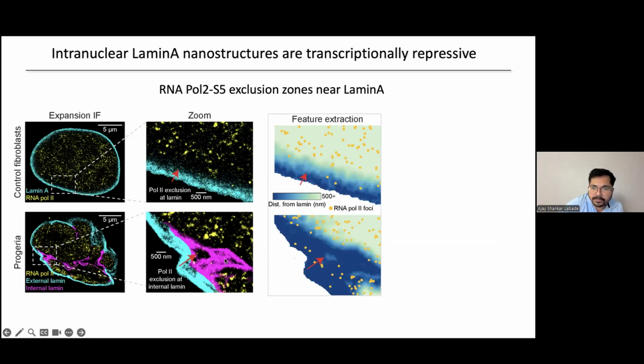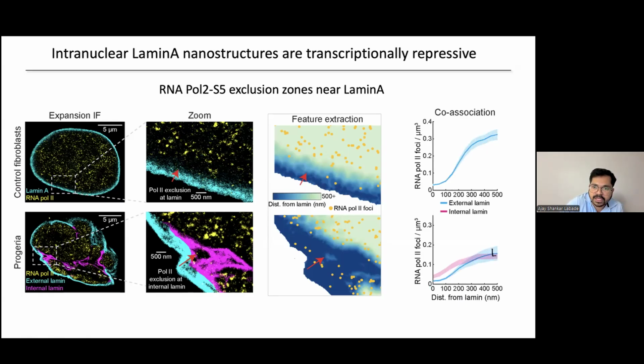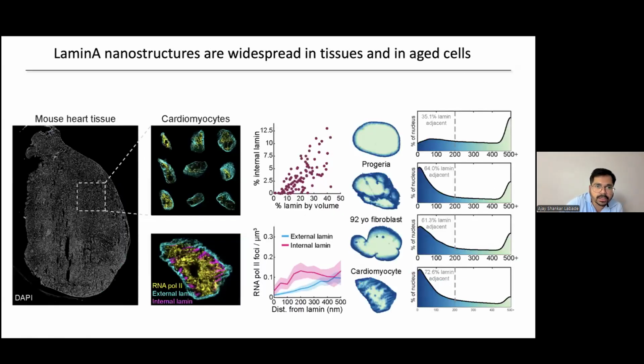And we found evidence that these protrusions or invaginations of lamin are also true in aging cells. So we did this analysis in aged cells. We took mouse heart tissue from aged mice, and we found that these invaginations are causing a lot of repression of active chromatin in aged cells.